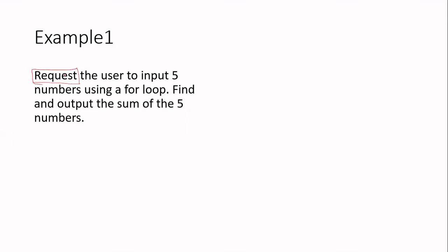Request means allow the user to input 5 numbers, right? So don't look deeply into that. The question is just wanting you to input 5 numbers using a loop and then to find the sum of those 5 numbers.